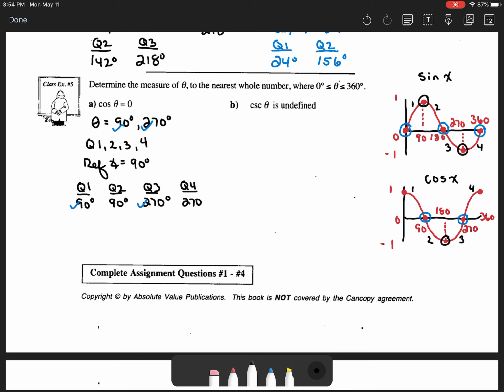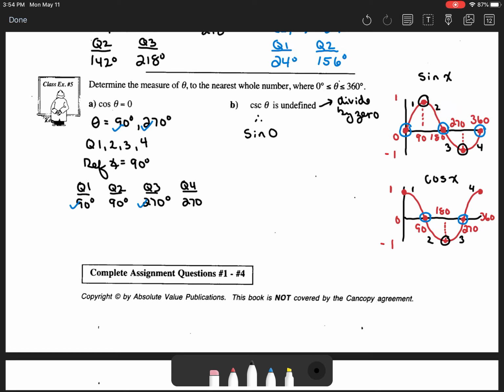It's very important. So that same basic idea is really important in the next question because they're saying cosecant is undefined. Well, when something is undefined, okay, that means we tried to do what? We tried to divide by 0. That's what tried to happen. So that means with that cosecant ratio, it was something over 0. Okay, so that's how I know it's undefined. I tried to divide by 0.